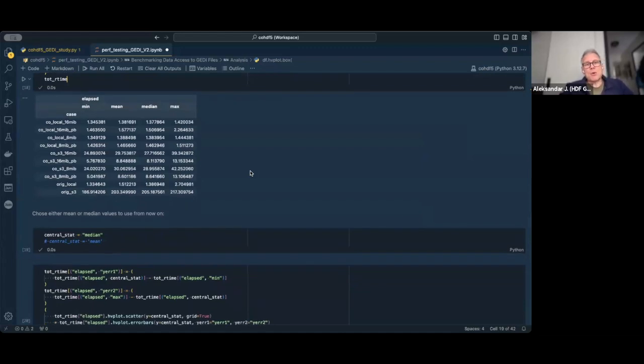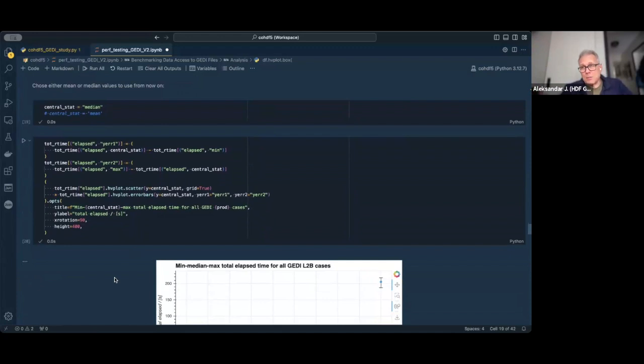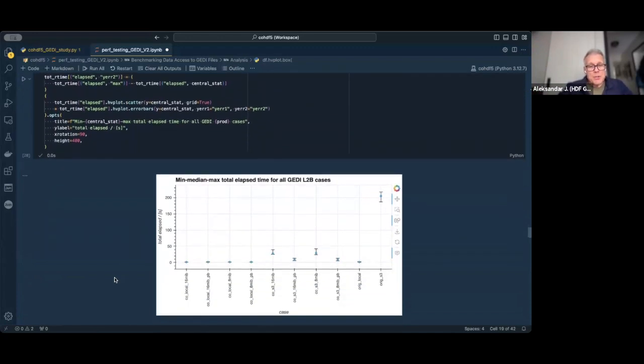And I chose median mostly because I felt, since I'm also including cases with S3, which is known to have a much bigger spread in terms of performance, I thought that median is probably a better estimate of all the results than mean. Although again, to be completely scientific, I would probably have to do some statistical tests to see which one is more appropriate, or are they the same or similar, comparable.